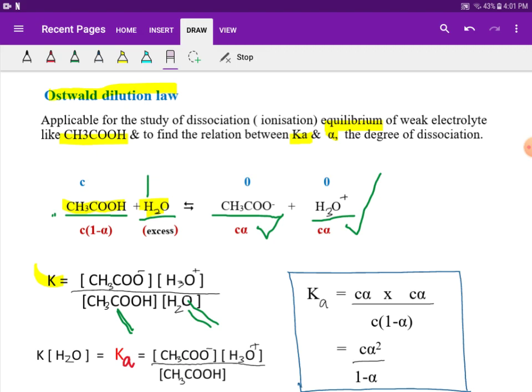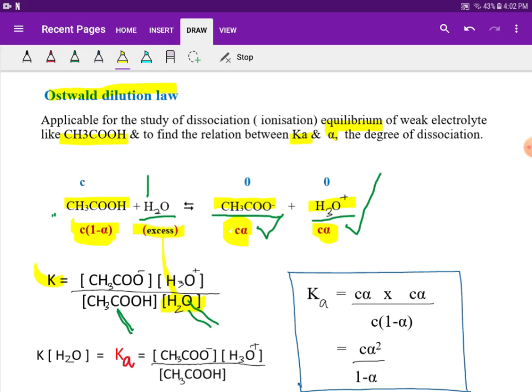Suppose alpha is the degree of dissociation of acetic acid. Then we have at equilibrium C alpha moles of acetate ion and C alpha moles of hydronium ion and C into 1 minus alpha mole of undissociated acetic acid. And you have to remember the concentration of water is a constant because it is present in excess amount.